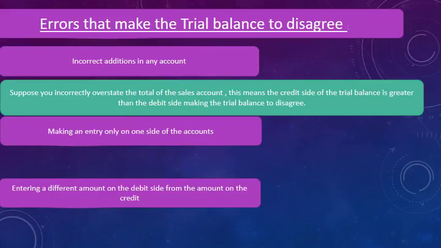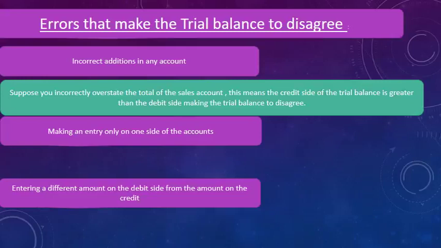An amount that does not have a double entry, because it does not have a corresponding debit balance. So now if you overstate the sales account, the credit side is going to be bigger. This can also happen on the debit side, but we will give an example of the credit side just for simplicity. So I've explained incorrect additions in any account.